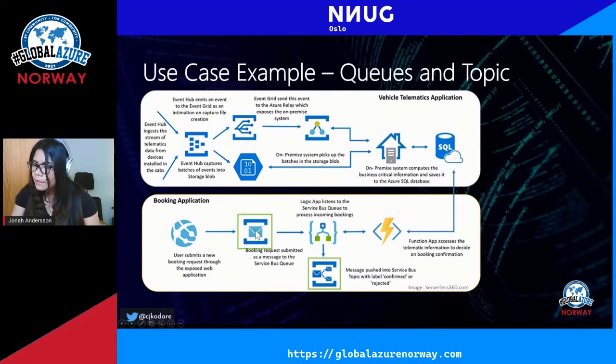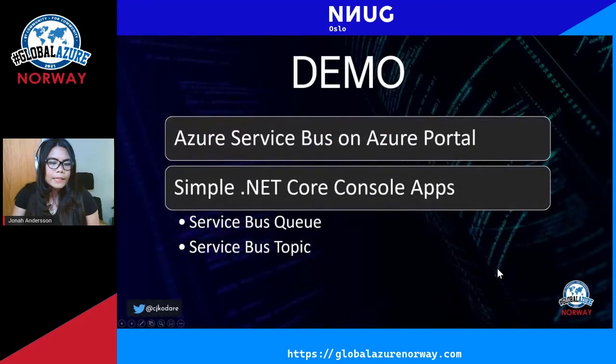Here is a Service Bus queue, and this is a topic, and it's integrated with Azure Functions, Event Hubs, and Event Grid. So this is an example of a real life use case. If you want to check the details, it's on serverless360.com.